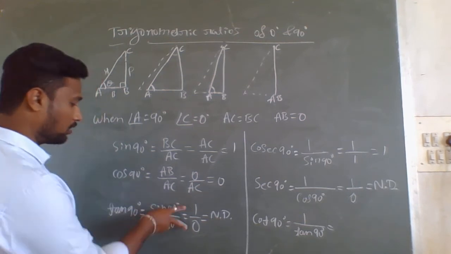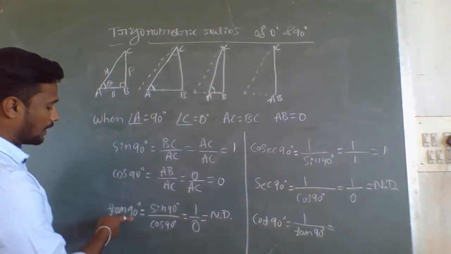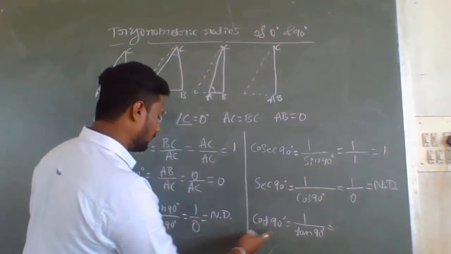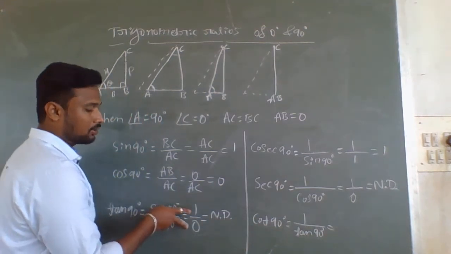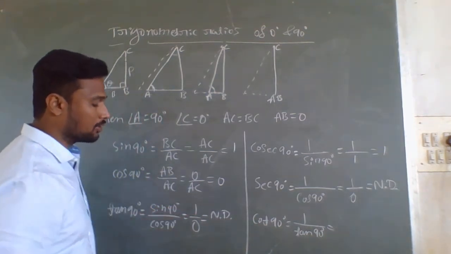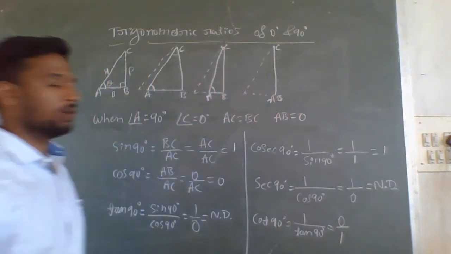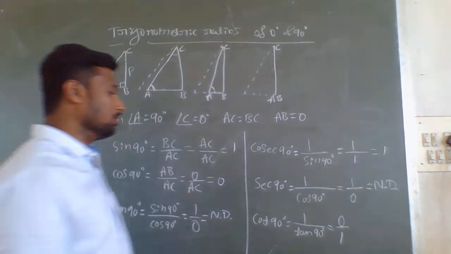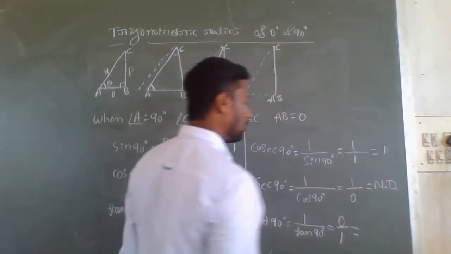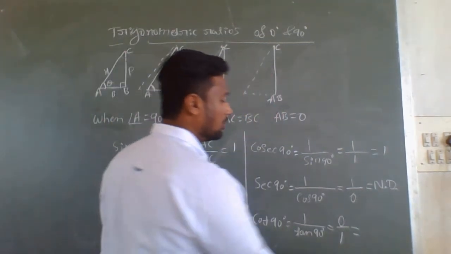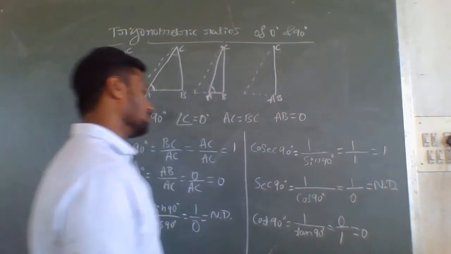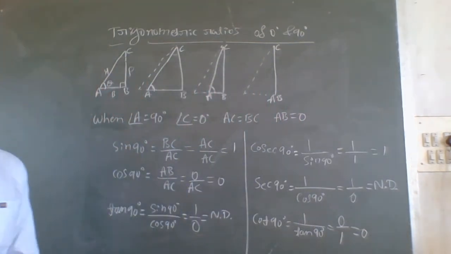So 1 by 0 is the value of tan 90, means cot 90 value is the reciprocal of 1 by 0. What is the reciprocal of 1 by 0? The reciprocal of 1 by 0 is 0 by 1. So now we know that always 0 by anything equals 0 only. So cot 90 value is 0.